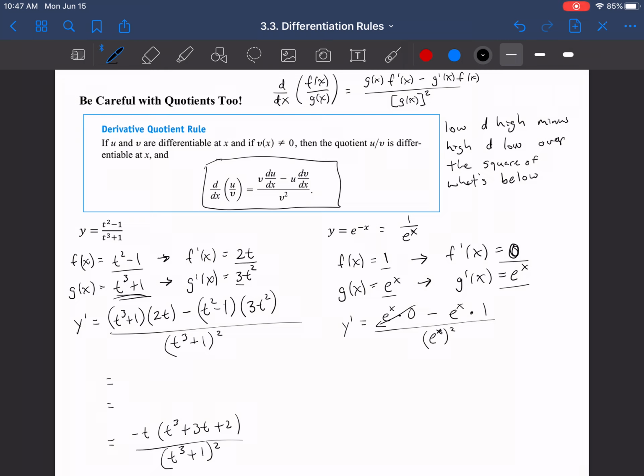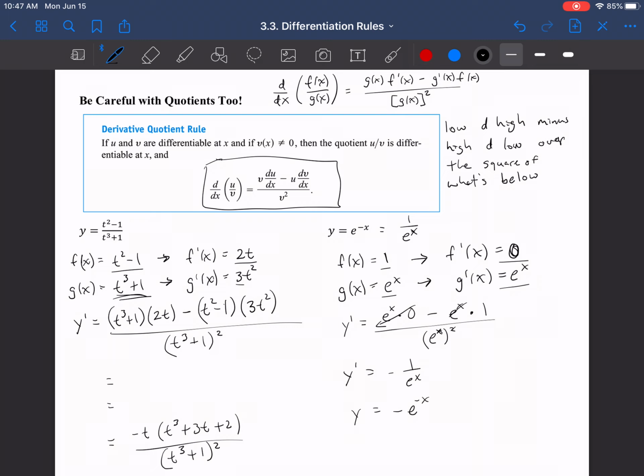And so this is just negative e to the x over e to the x squared. So this e to the x will cancel with one of the e to the x's in the denominator, and we're left with negative 1 over e to the x, which is just negative e to the negative x, whichever way you want to write that.